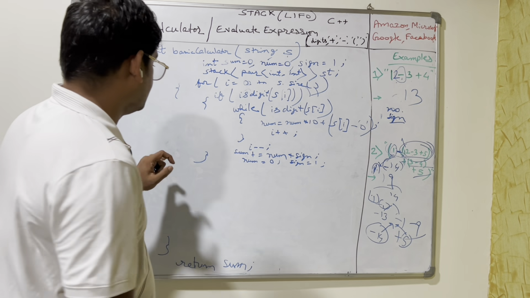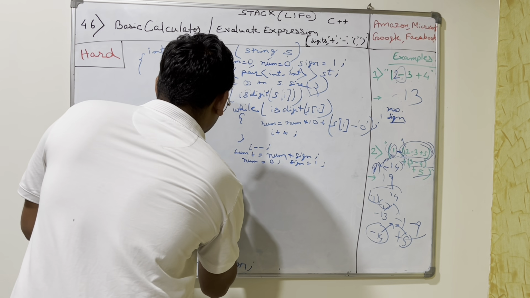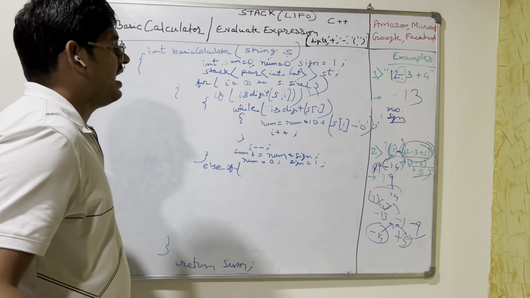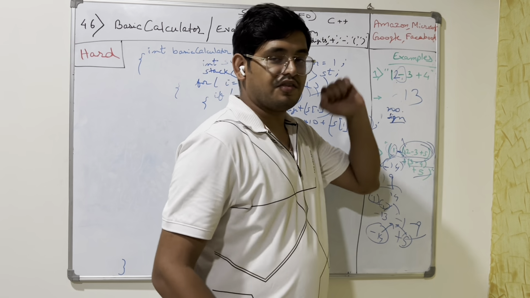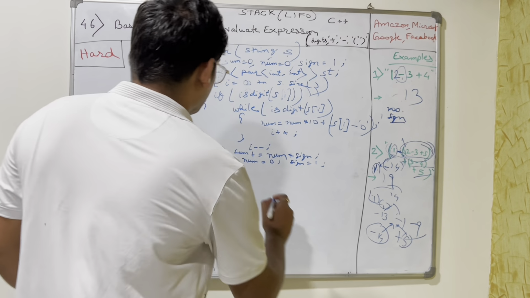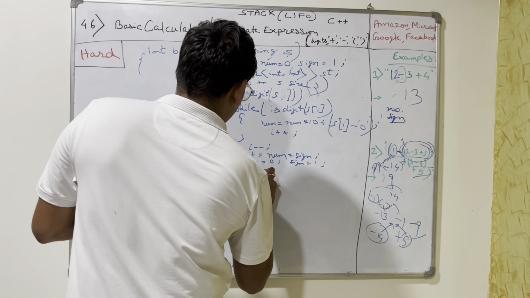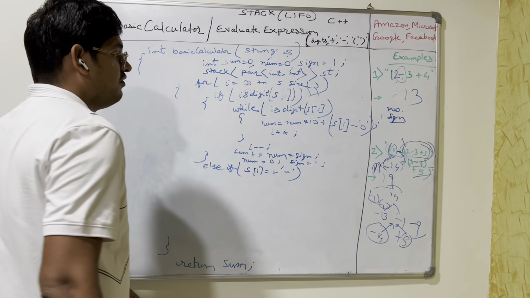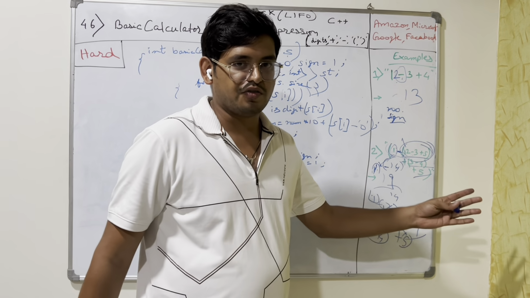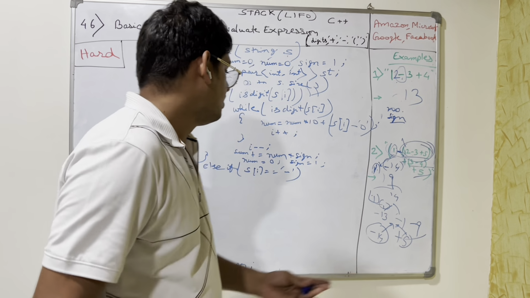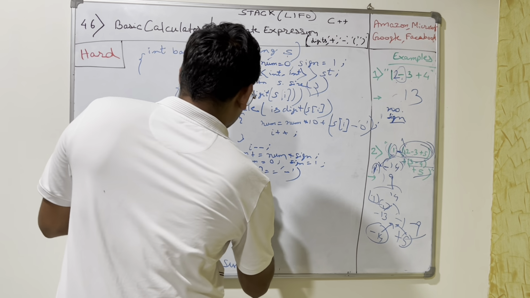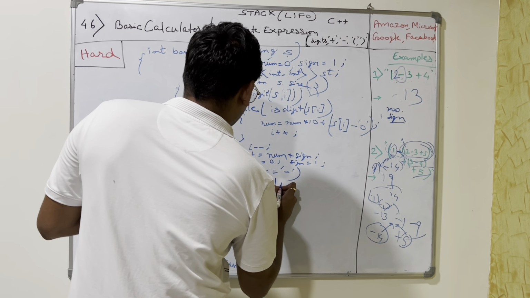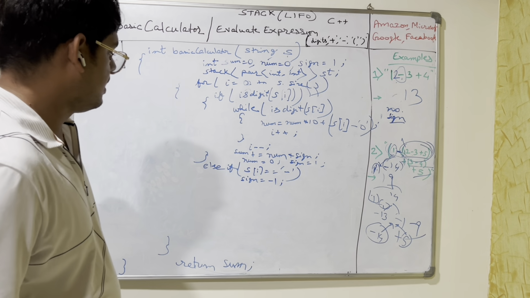If it is not a digit, say s[i] has a minus value, if s[i] is equal to hyphen, then by default sign is positive, so we don't need to have an issue. But if it is a minus, then we need to make the sign value as -1.